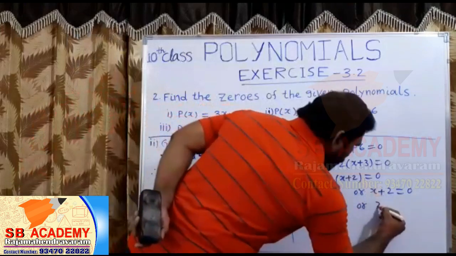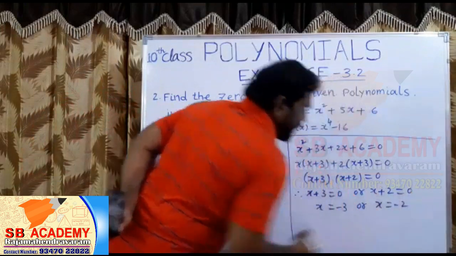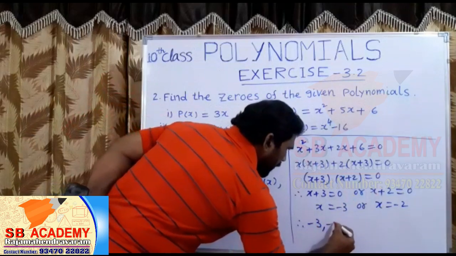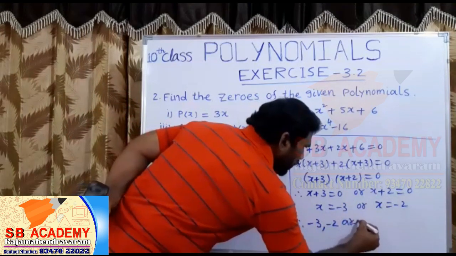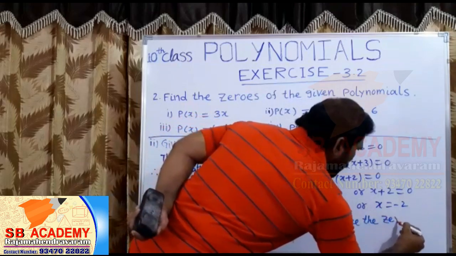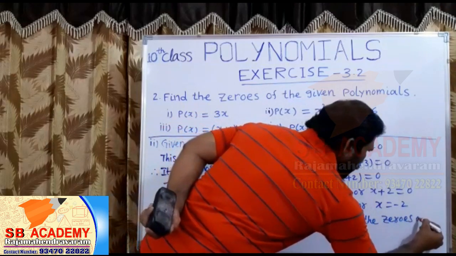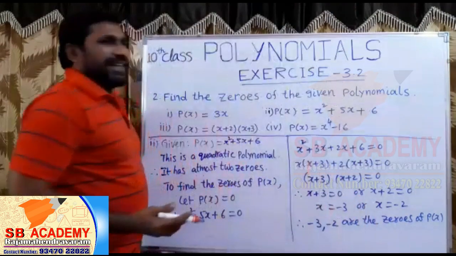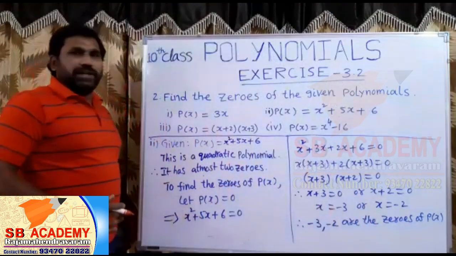So what about this? x equal to minus 2. Therefore, minus 3 comma minus 2 are the zeros of p of x. That's it. Like that you have to do, right?